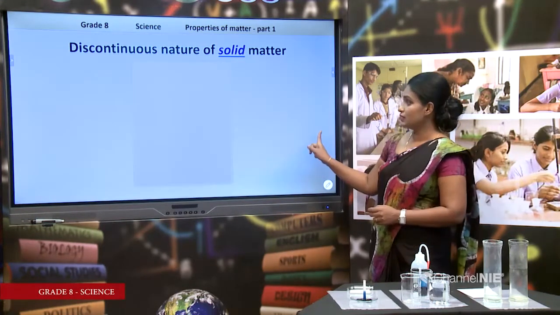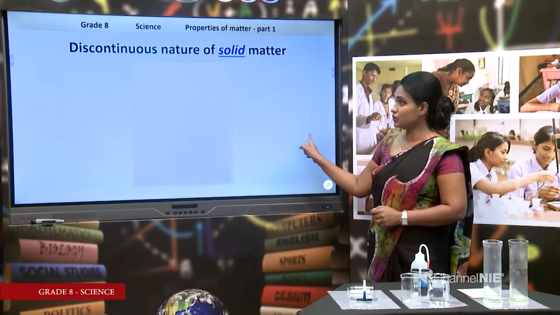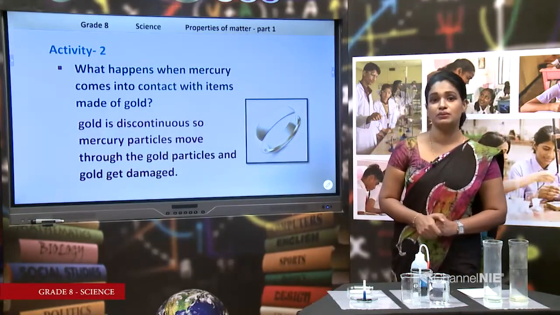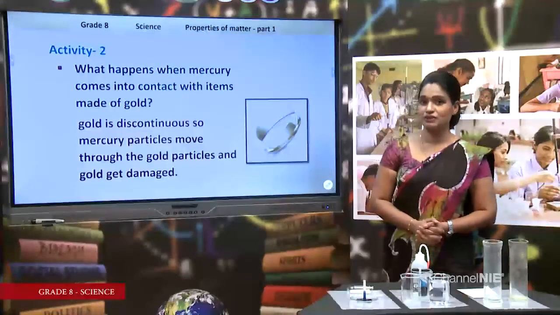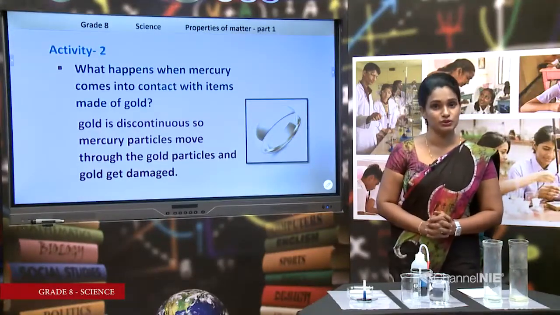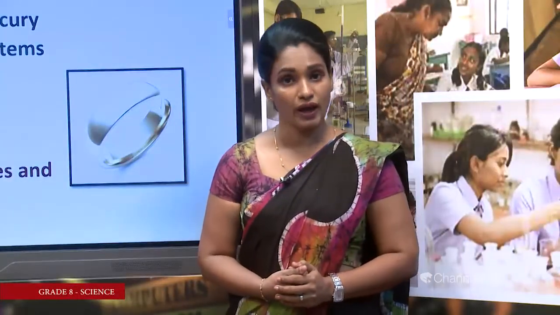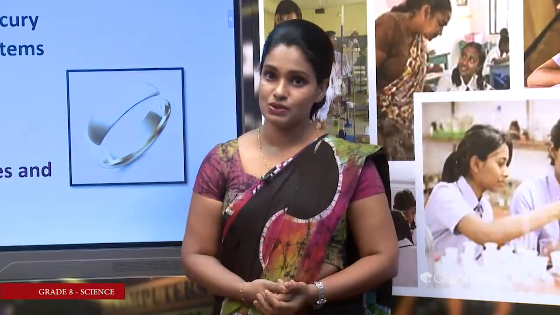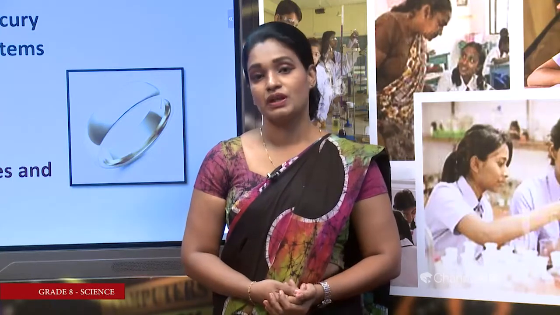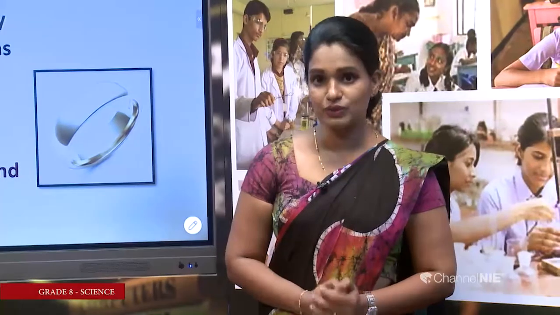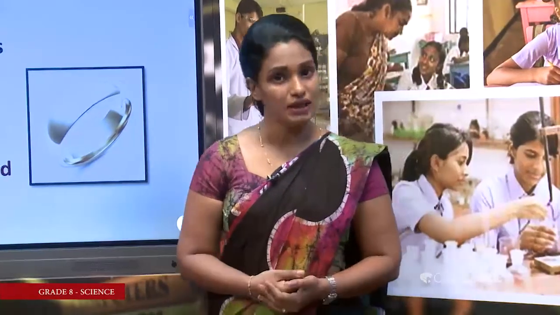Okay. Let's move to another activity to check discontinuous nature of the solid. This is activity number 2. Here today we are not going to do that practical because you know gold is somewhat expensive, but you have to know the theory behind that. So, I will explain what this is. Have you heard that when a gold ring gets in contact with mercury, that gold ring gets damaged?